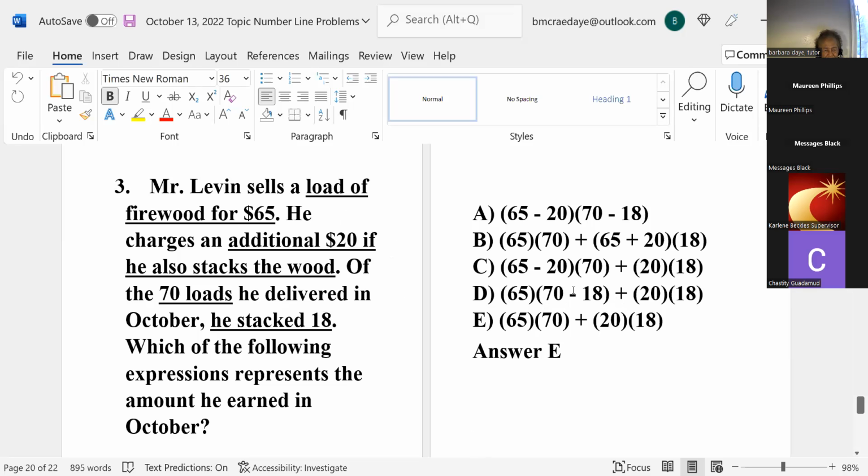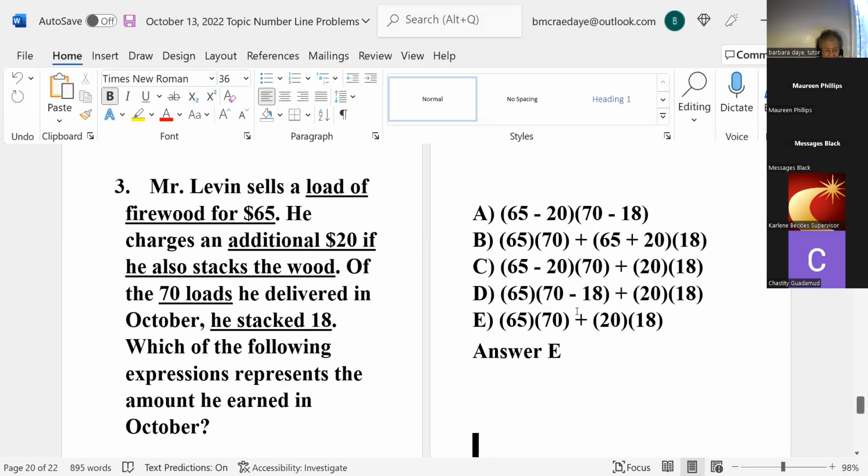Mercedes, you're taking loads and mixing them up with stacks. The $65 only applies to loads. So your D can't be correct, because you're multiplying the cost of a load, and then subtracting the stacking.